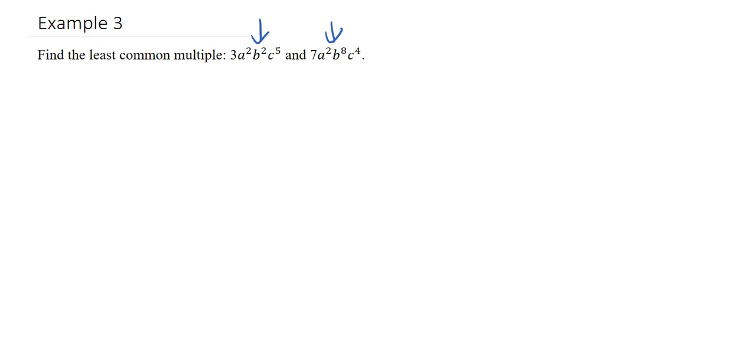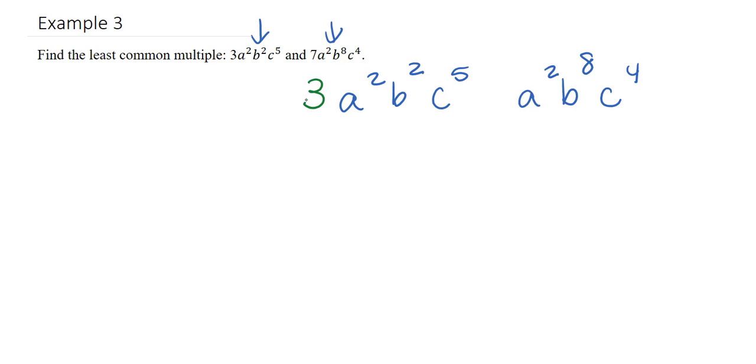Once again, let's just write out our variables. And now let's write our numbers, but in a different color. We're looking at these two. Let me make sure there's a distinction.